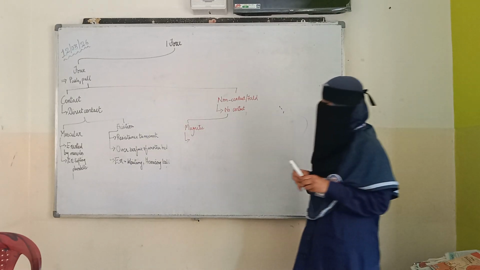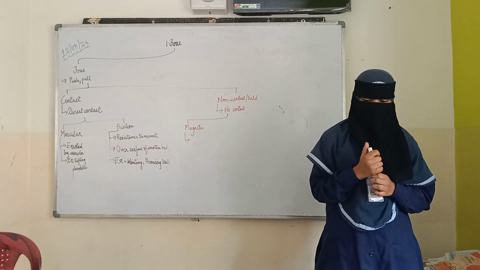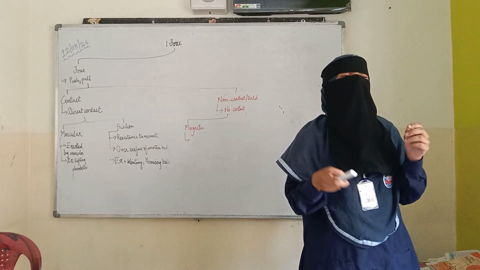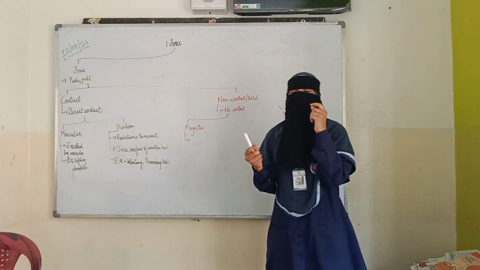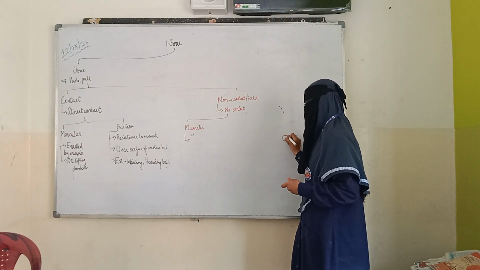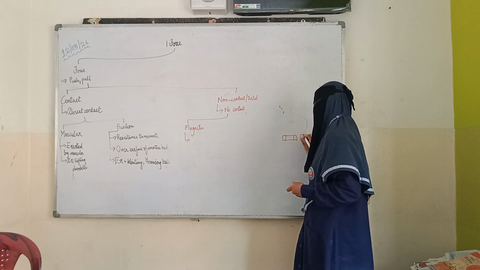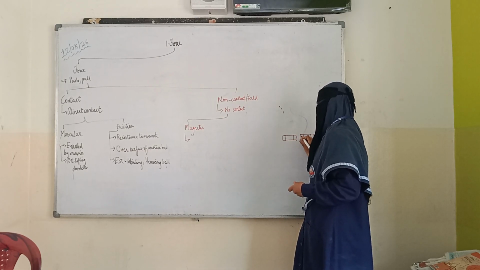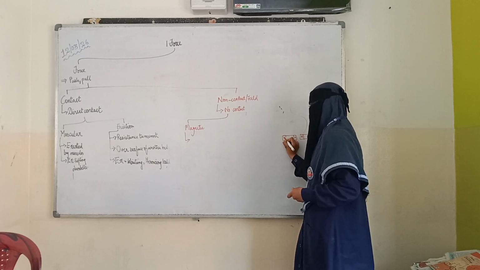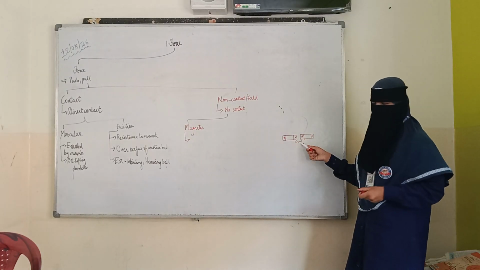Magnetic. By the word itself, you can understand that it is the force which is exerted by a magnet. We observe that if we bring a bar magnet, here north, here south, and another bar magnet, north, south, south, north, these two are said to be unlike poles.